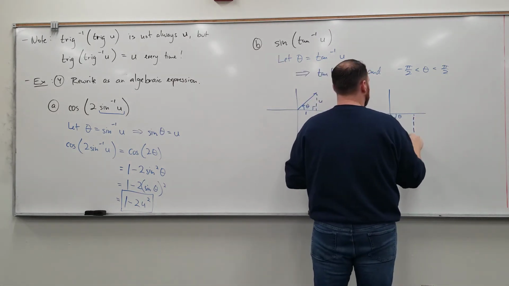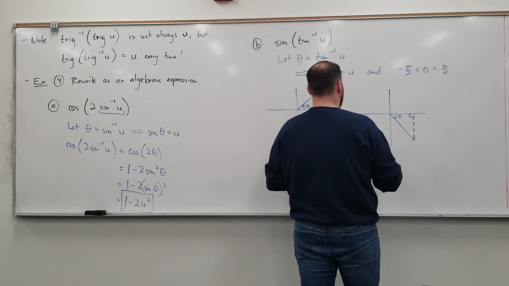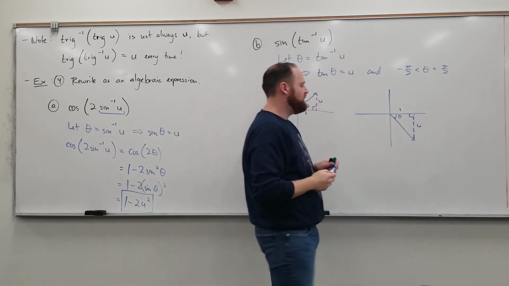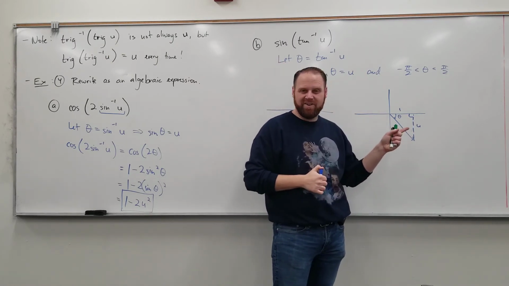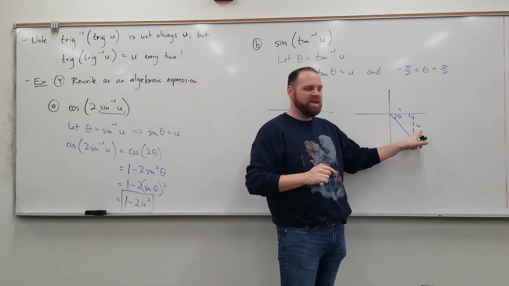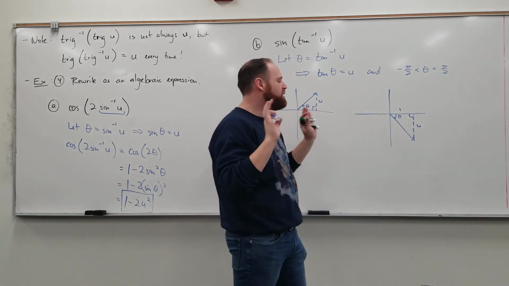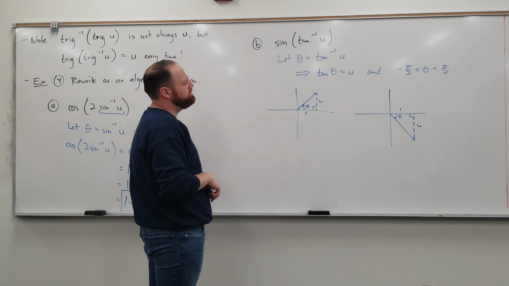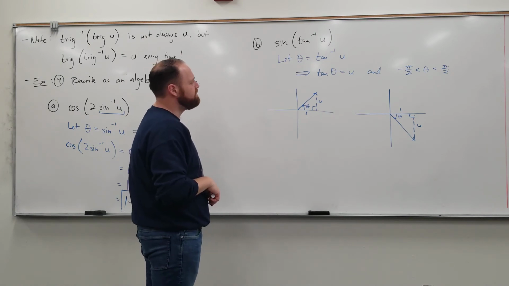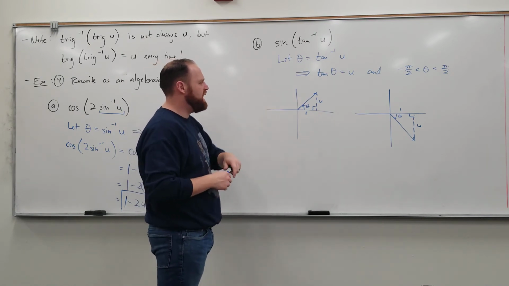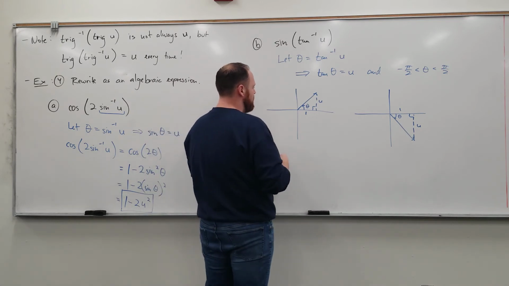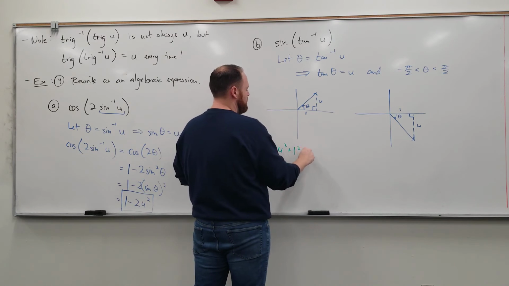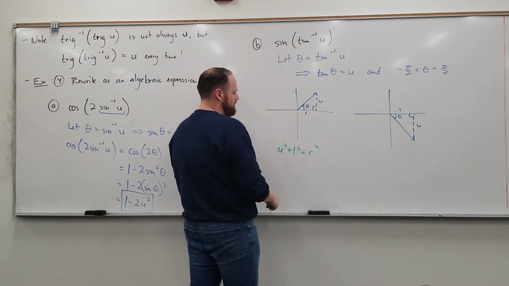But again, we would have this scenario, right? Theta is opposite over adjacent. And remember, u is already a negative number, so you don't have to call it negative u here. It already stands for a negative number in the case that we're in quadrant 4. So anyway, we can solve for the missing side. I think in both cases, we're going to say u squared plus 1 squared equals r squared.